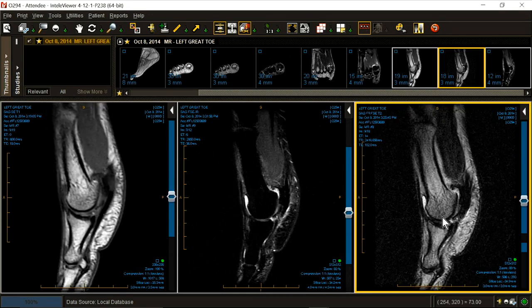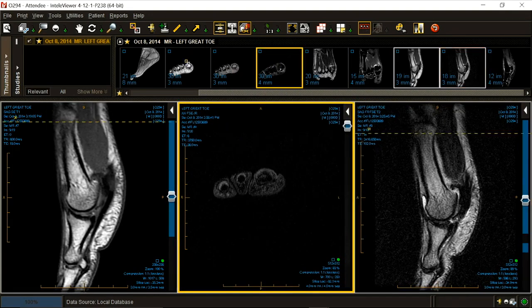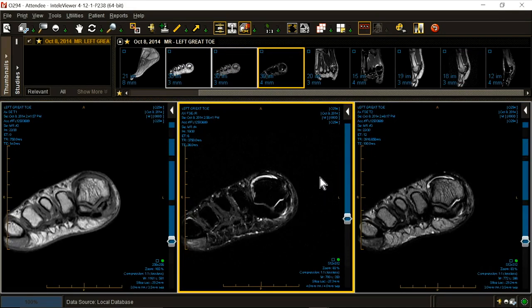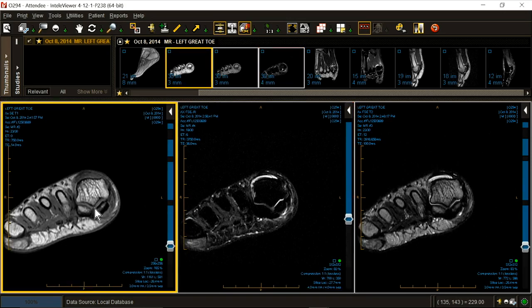All right, let's look at the short axis view. See the shape of his crista. Normal crista apex, normal smooth hyaline cartilage, normal conformity relationship, fibular sesamoid to toe.